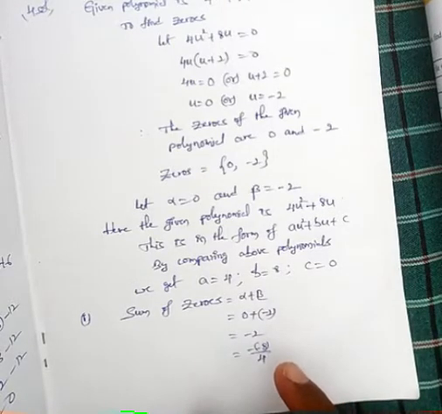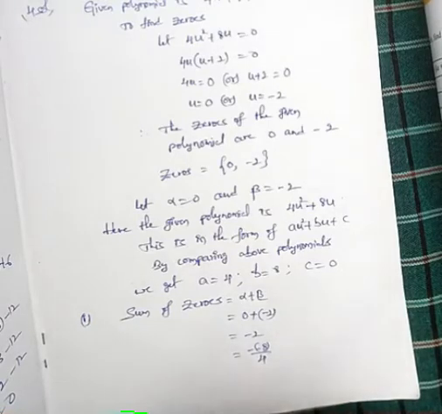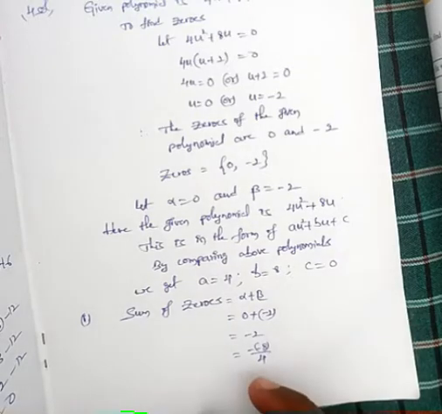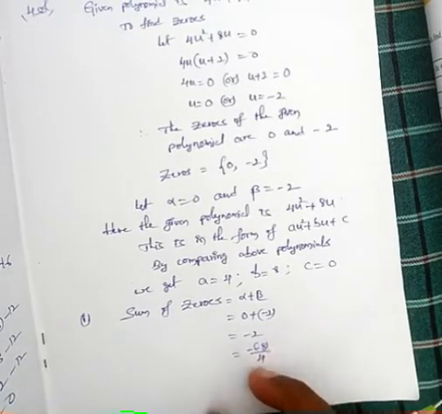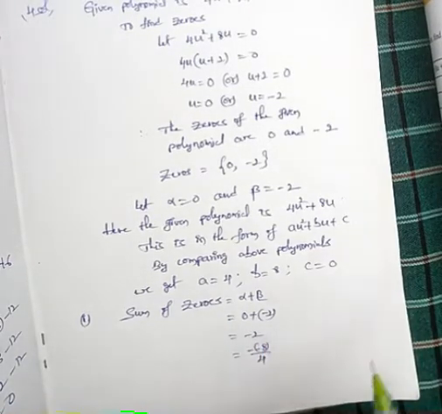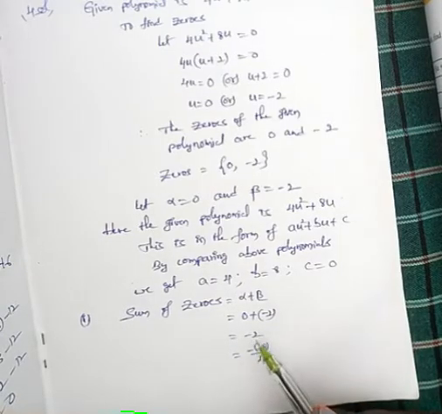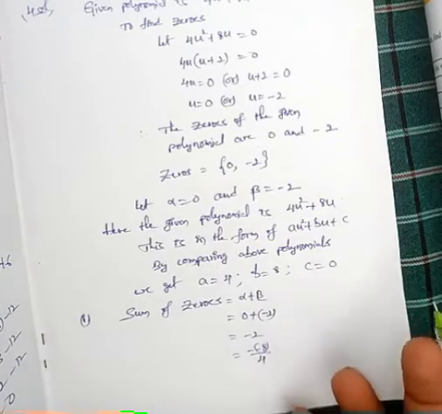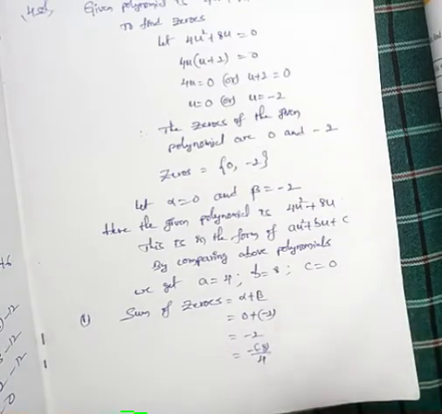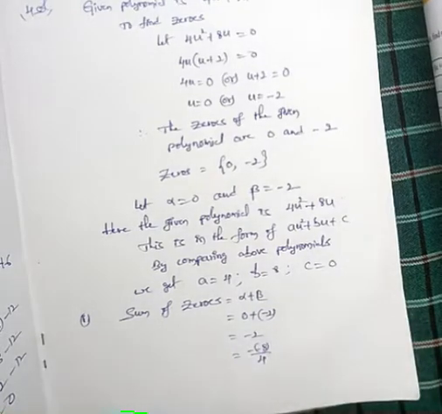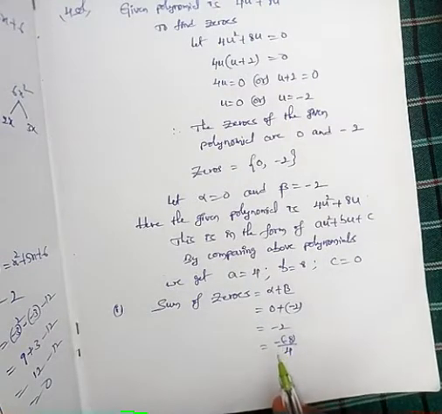That's why I told you already, you need to learn the formulae, and then only it is possible to write the values in the form of minus b by a or c by a as you want, according to the problem.